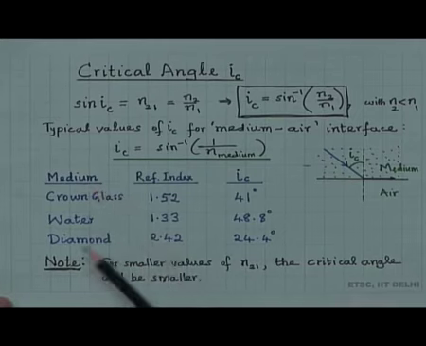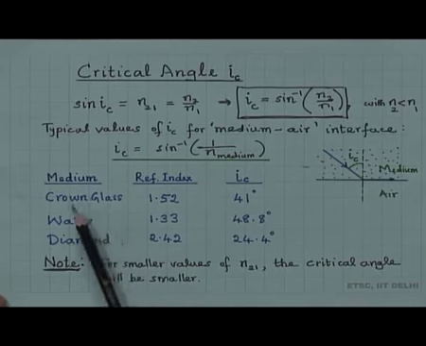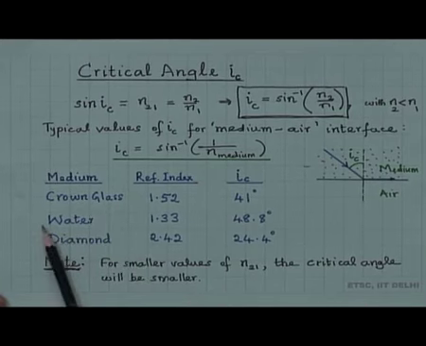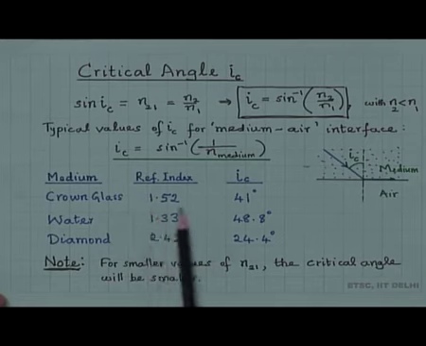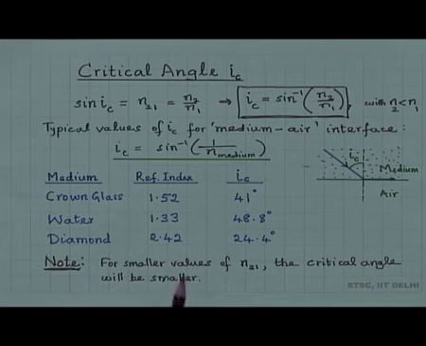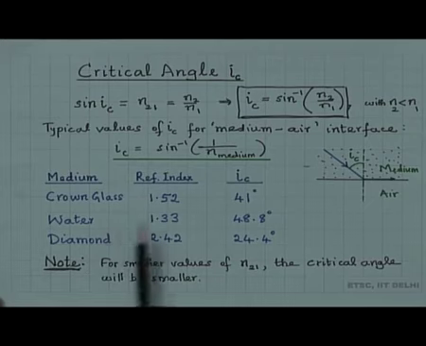So, I have taken 3 different media: crown glass, water and diamond. For crown glass the refractive index is approximately 1.52. Glass is a very generic word, and even within crown glass there are varieties with different refractive indices, but this is a typical value for crown glass.